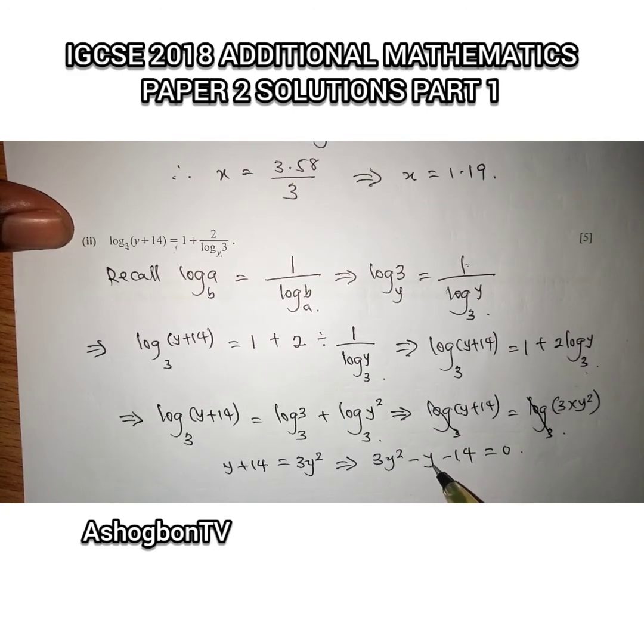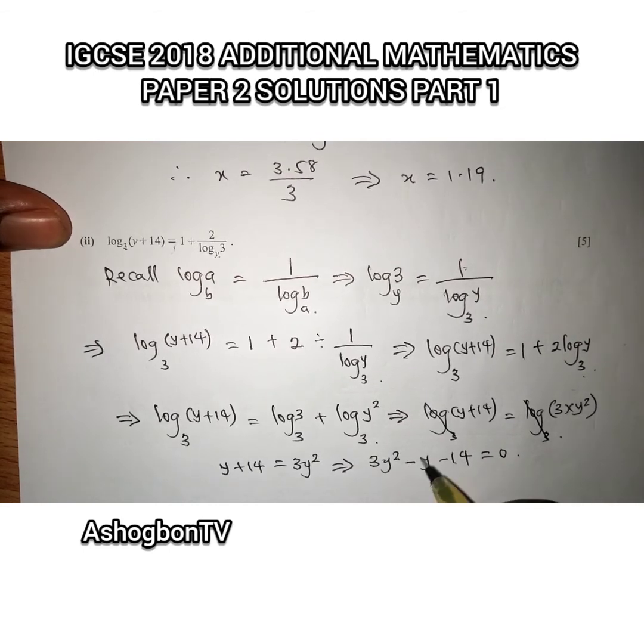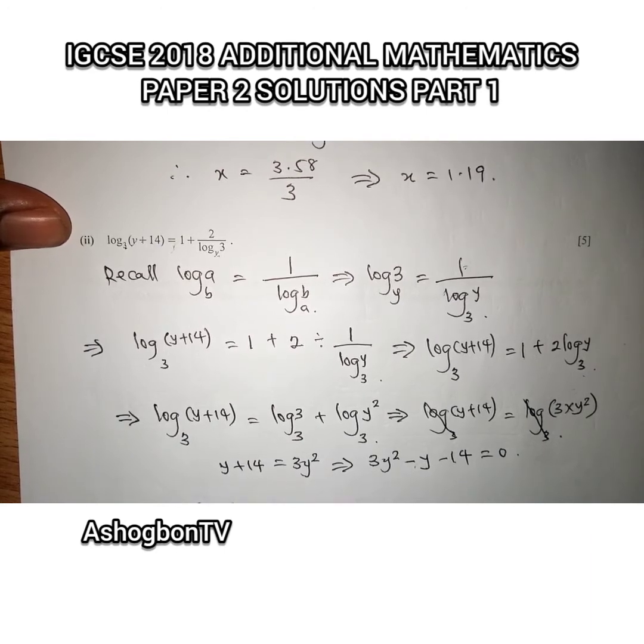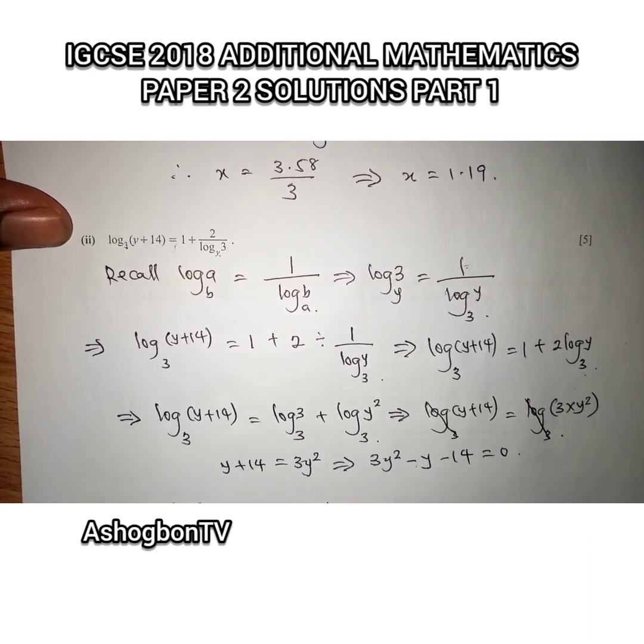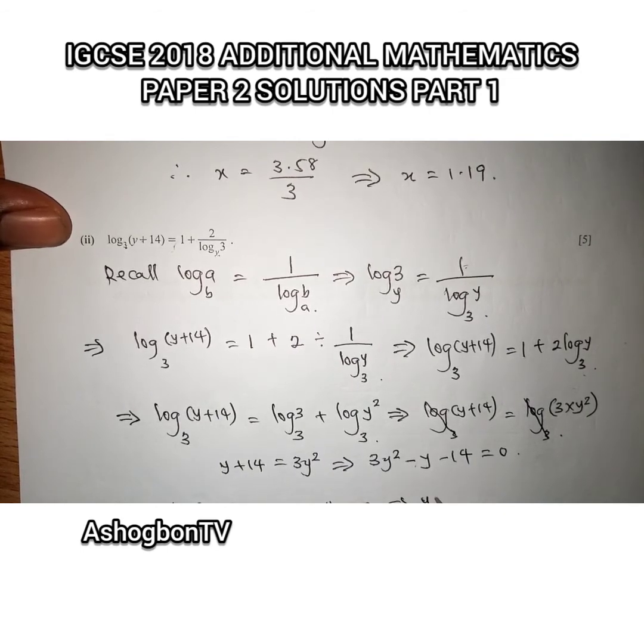Think. All right, that will be minus 7 and 6. So we have minus 7y plus 6y. If I multiply them, I'll get 42, and if I add them, minus 7y plus 6y, I'll get minus y. So this is going to be 3y squared minus 7y plus 6y minus 14 equals 0, which implies that, factorize there, what is common between these two terms is y, and here you have 3y minus 7, and here, what's common?